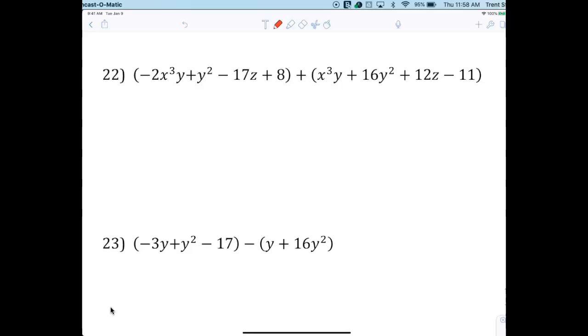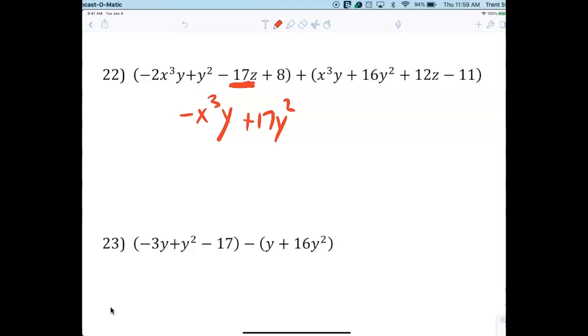That is not the answer. Negative x cubed y, right? Plus 17y squared. Plus 2.